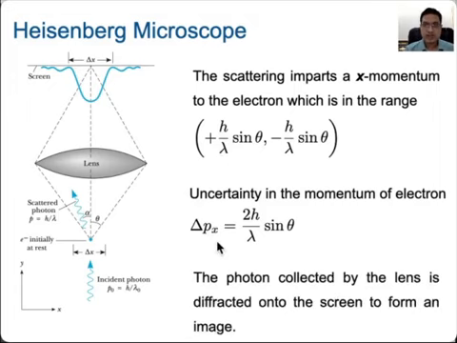Okay, now the photon is collected by the lens. These scattered photons are collected by the lens, which diffracts them onto this screen, which forms this image of your diffraction signal.